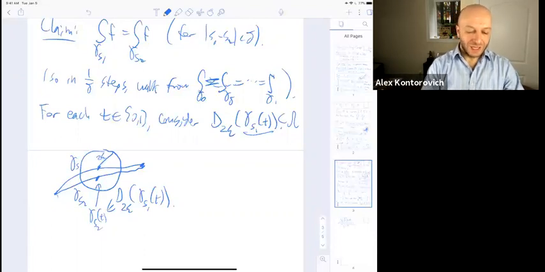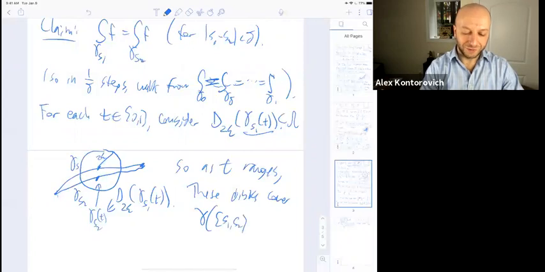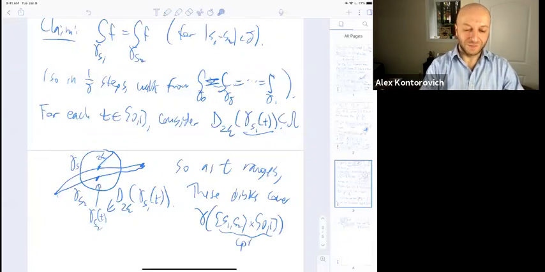Okay, and therefore as t ranges over [0, 1], these disks cover the image of omega on [S1, S2] cross [0, 1], which is compact. You see what I'm doing? I take a disk at every value of t, which also contains the value of t on gamma of S2, because this distance is at most epsilon.